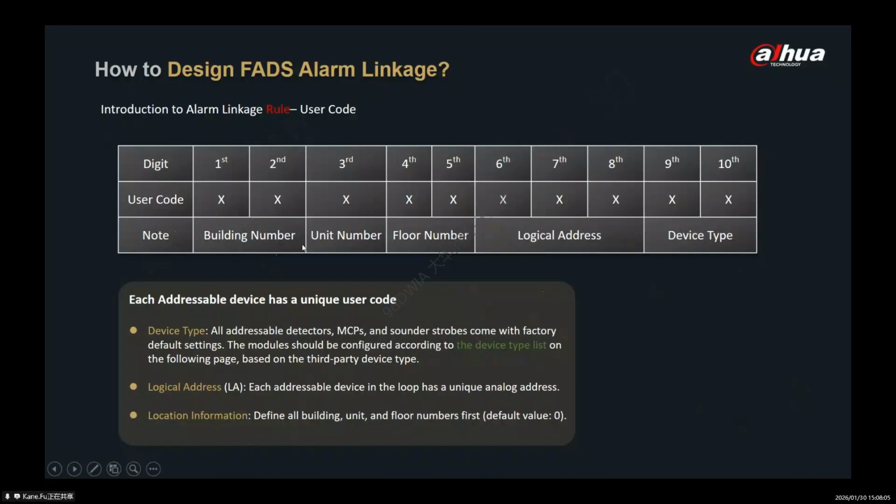With the building number, unit number, floor number, logic address, and device type. The first one, building number, and the second one, unit number and floor number, are defined by the user. If you don't define this part of the information, it is zero for each one.